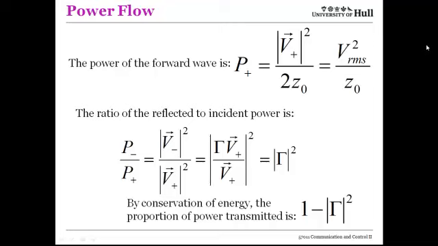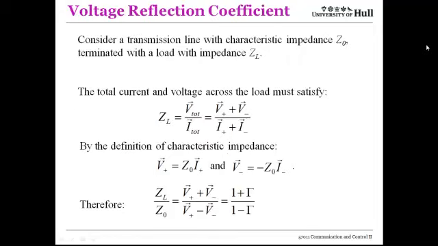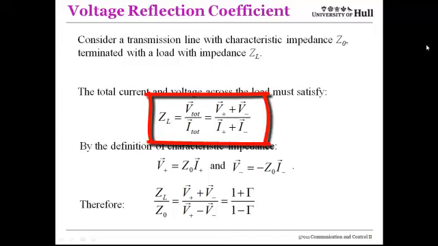Now we derive an expression for the voltage reflection coefficient in terms of the characteristic impedance and the impedance of the load at the end of the transmission line. Now we know the load, just an impedance, ZL, has a ratio of the voltage to the current, which is given by just this impedance, ZL.